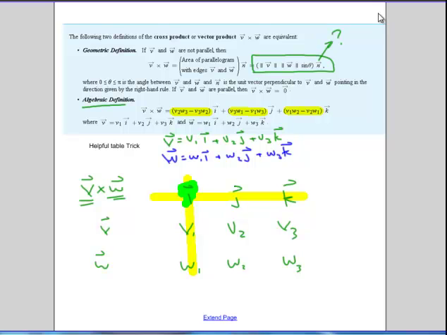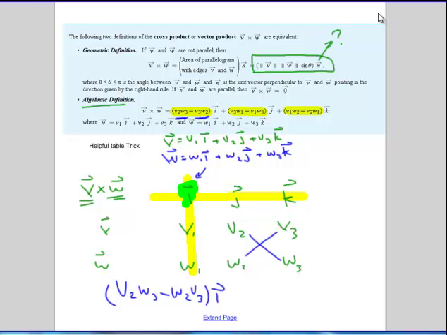So it's going to be v2 times w3 minus w2 times v3, i. Let's write that again: v2 w3 minus w2 v3, i. And now we need to cover up the j.